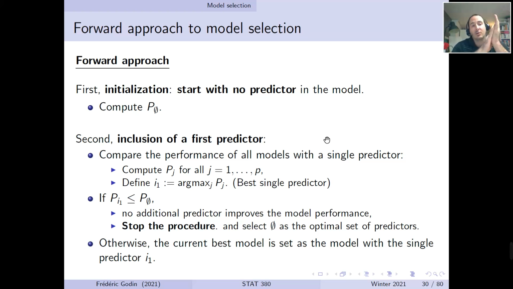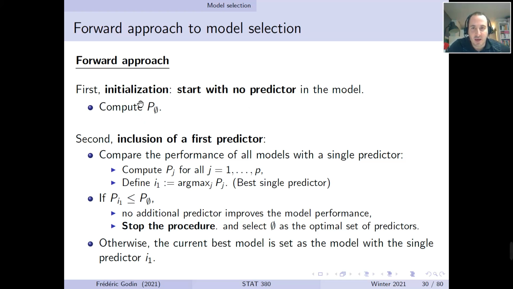And as soon as the performance cannot be improved further, we're going to stop adding predictors to the model. Okay, so in the first step for the forward approach, we start with 0 predictors included in the model and compute P. So this is the null set, which means that we incorporate no predictors.